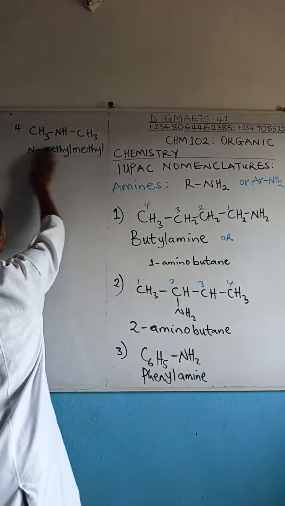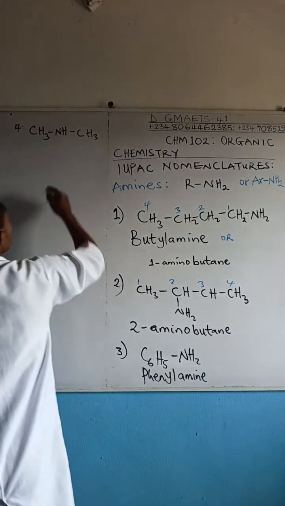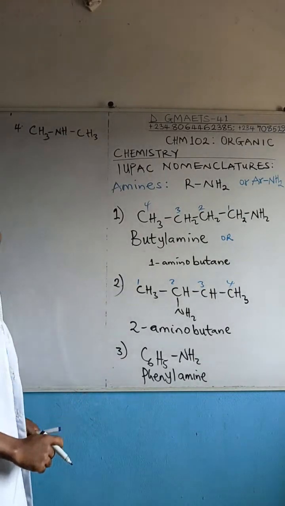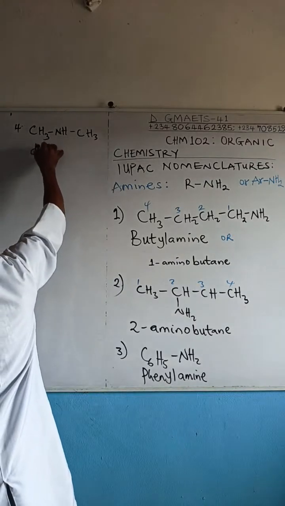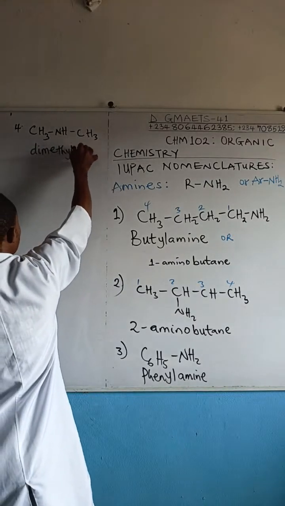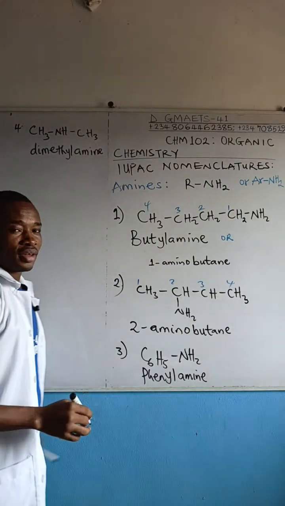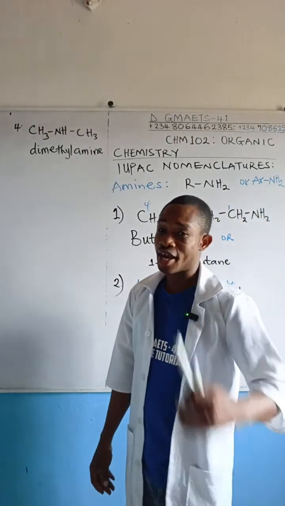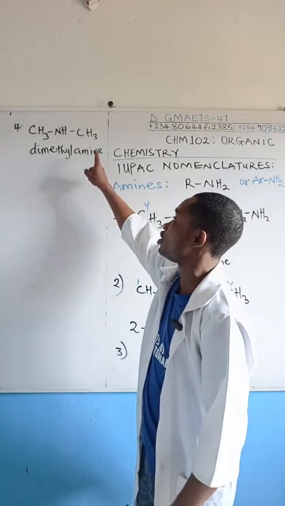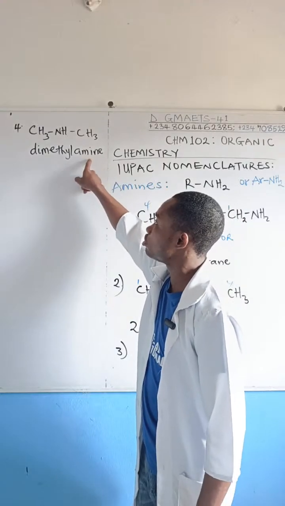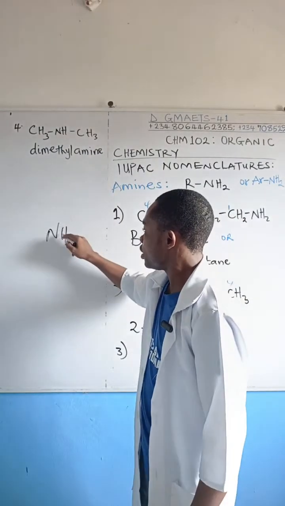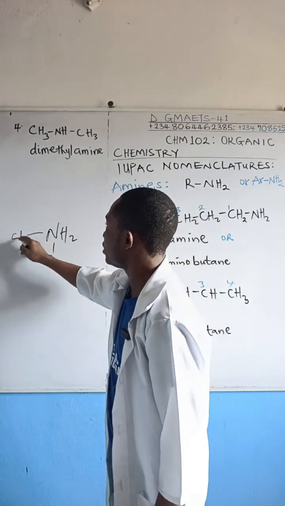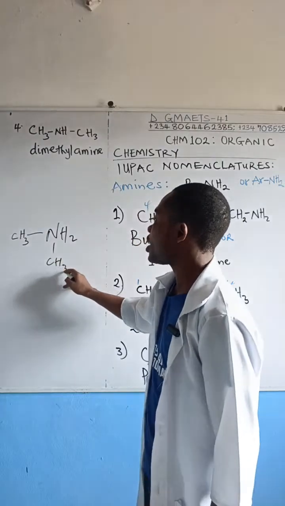So, since you have the same group, CH3 methyl, on this nitrogen guy, it's going to simply be dimethylamine. A chemistry student who understands IUPAC nomenclature looks at this and knows that I have the NH2, but there are two alkyls, and the two alkyls are methyls, CH3. But now let me show you something.